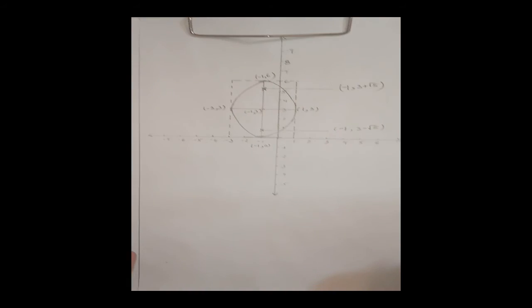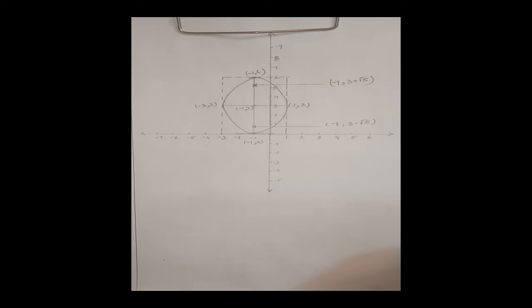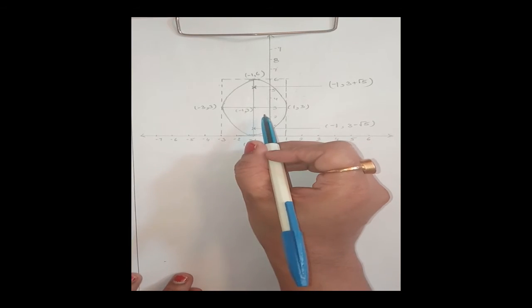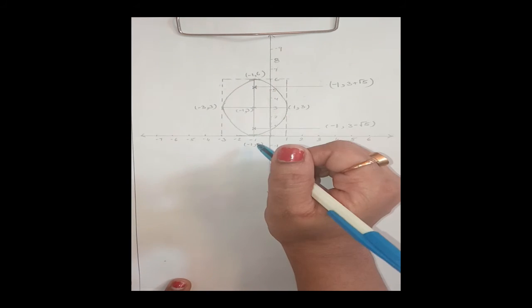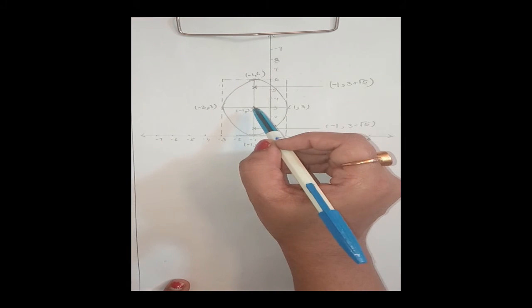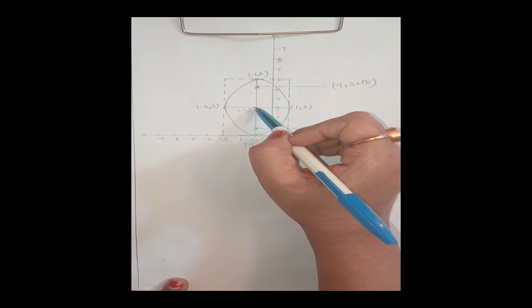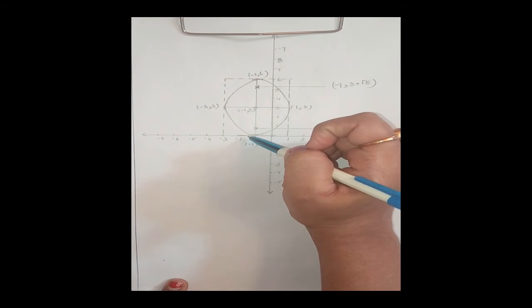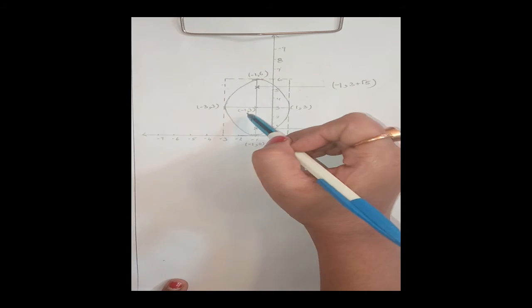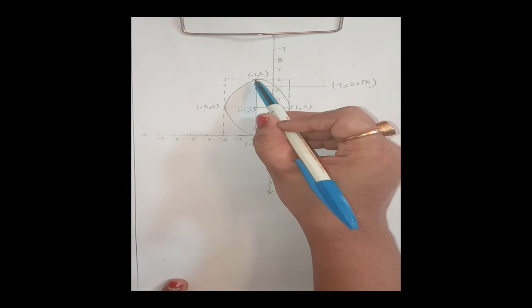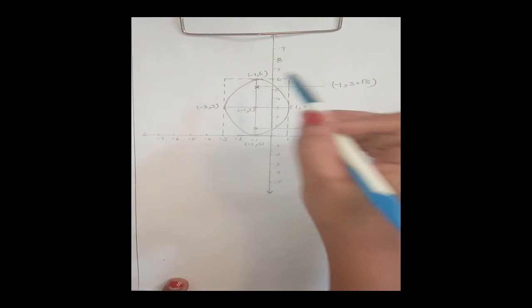Now see here, this is the x axis, this is the y axis, center is (minus 1, 3) and the major axis is parallel to the y axis. Now a is 3, so 3 units up, 3 units down along the y axis. Now 3 units up from the center (minus 1, 3) gives (minus 1, 3 plus 3), that is (minus 1, 6).